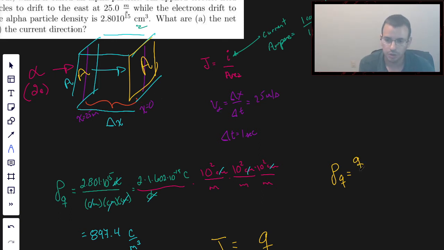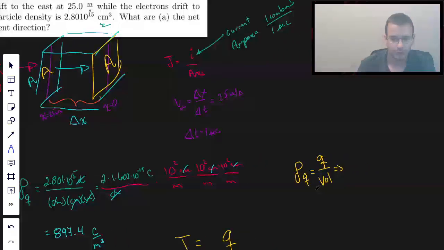So density is going to be charge per unit volume. Therefore, the charge, Q, is going to be the charge density times the volume. And the volume of this area is going to be delta X times the area.